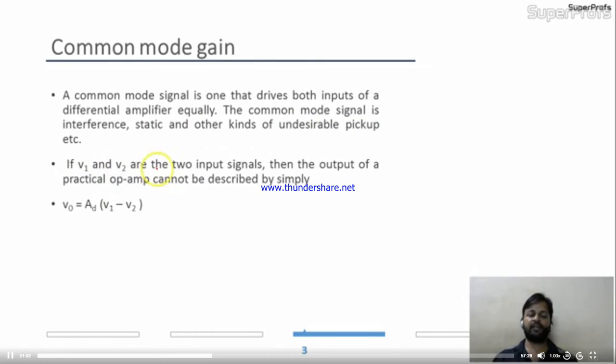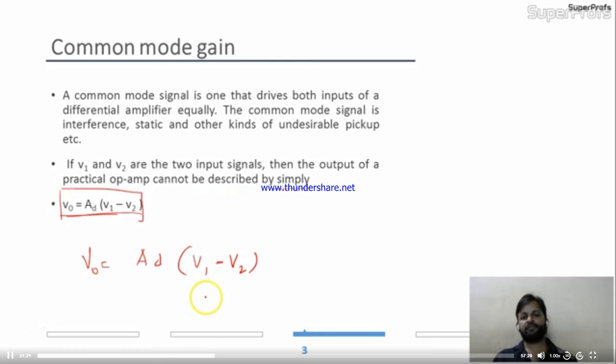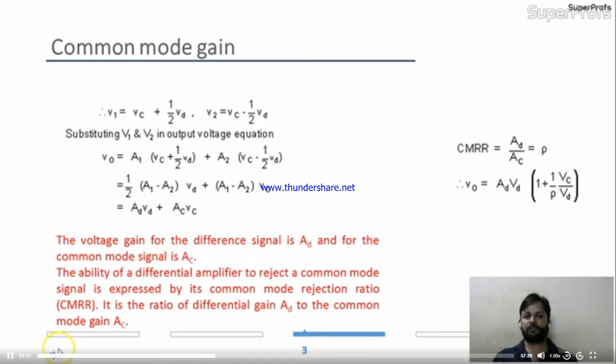If V1 and V2 are two input signals, then the output of a practical op-amp can't be described simply. For an ideal op-amp, the output V0 is the differential gain multiplied by the difference of inputs. But for a practical one we are getting something else.